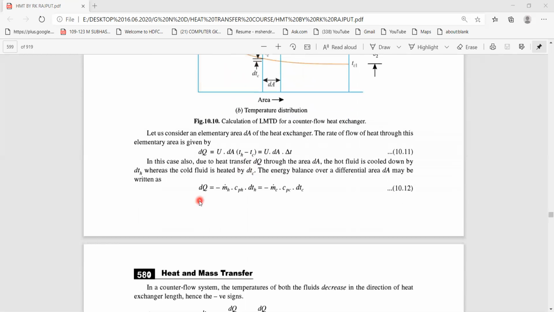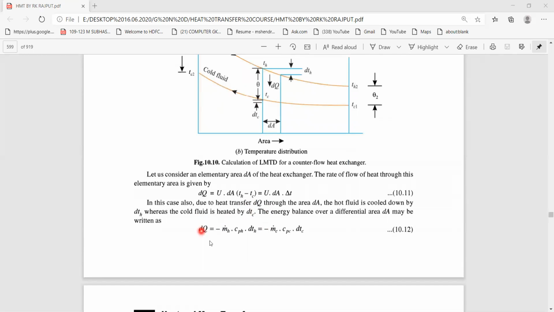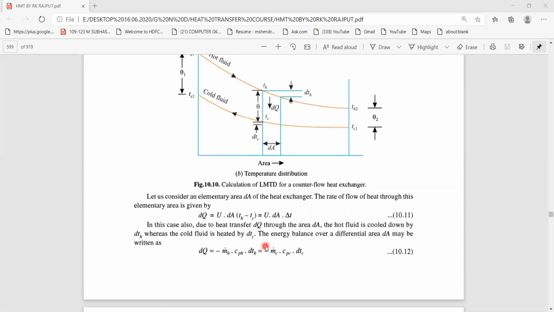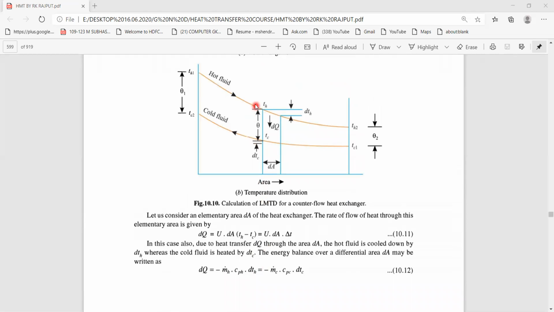Now the rate of heat transfer dq within that element is given by minus m dot h Cph into dTH. This is very important. This is a very popular equation, q equals m Cp into dT. Why are we taking the minus sign here? See students, along the length of the heat exchanger the temperature is decreasing, that means it is losing heat to the other fluid.